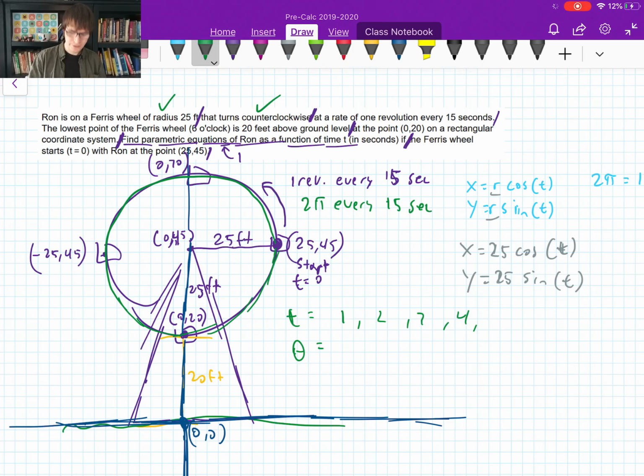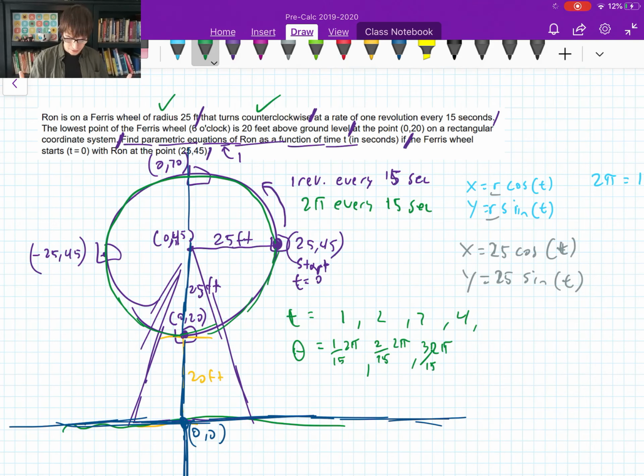Then I want it to be 2/15ths of 2 pi, and so on. So I want to keep adding 15ths of 2 pi so that when I get to 15 seconds, I'll get 2 pi.